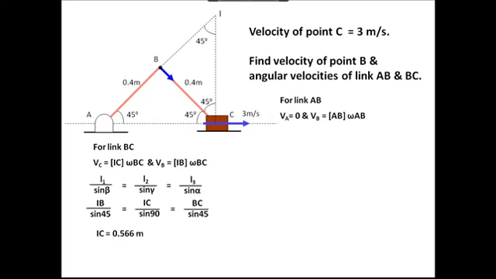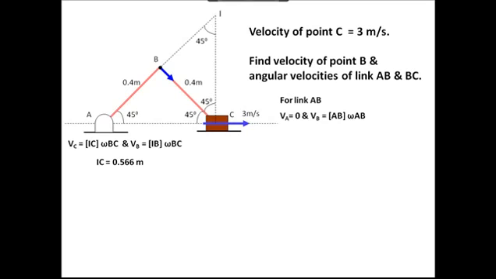Therefore, we can work out IC from this as 0.566 meters, and we can use it because VC is IC into omega BC. You substitute IC and get your omega BC, which is one of the things asked. Now we use VB equals IB omega BC. IB is known, given in fact as 0.4. Omega BC we just worked out, so we get VB, which is the second answer.